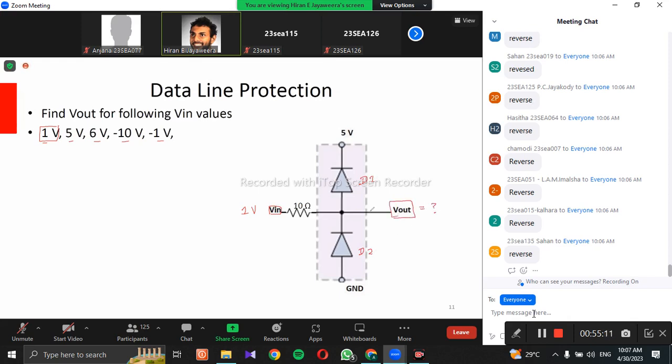What can you say about the biasing of diode D1? Is it forward bias or reverse bias? Everyone give me the answer.